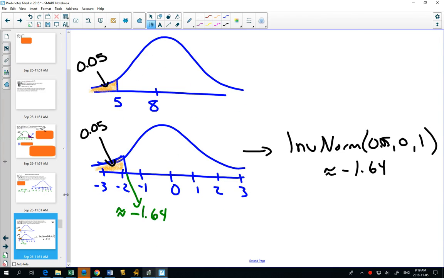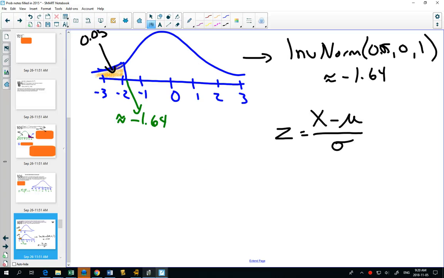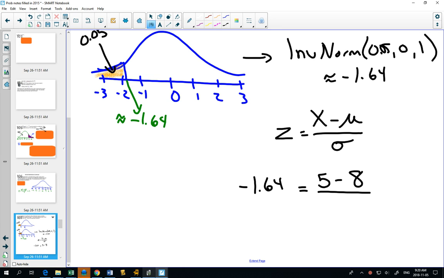The way that we standardize things is with this formula. And now that I look at that formula, I know my actual score was 5. I know my mean was 8. And I know that my standard normal score was negative 1.64. And the question was asking me to find the standard deviation.